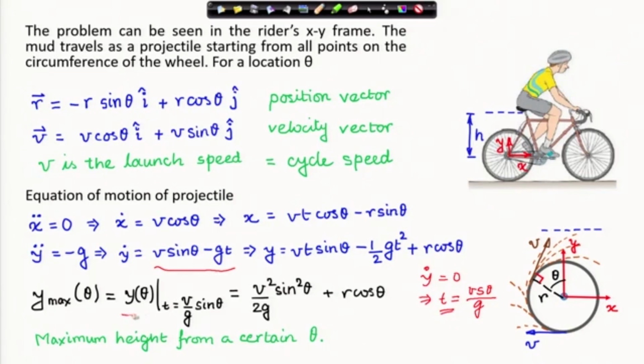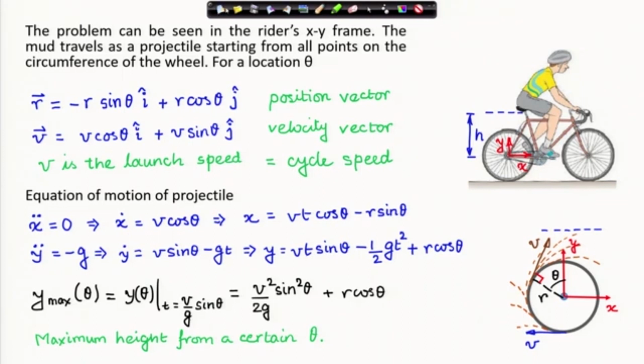I will find y, which is the vertical motion of the mud particle, at this time, which should be the maximum height for the mud particle starting from theta, and that happens to be this expression. When I substitute this time, v sin theta by g, in this expression, that gives me this y max. This is the maximum height reached by that mud particle starting from the theta location.